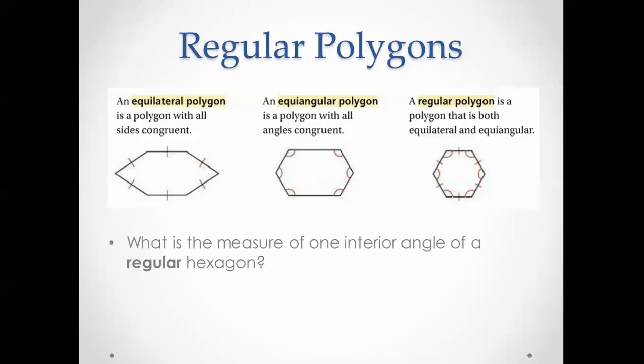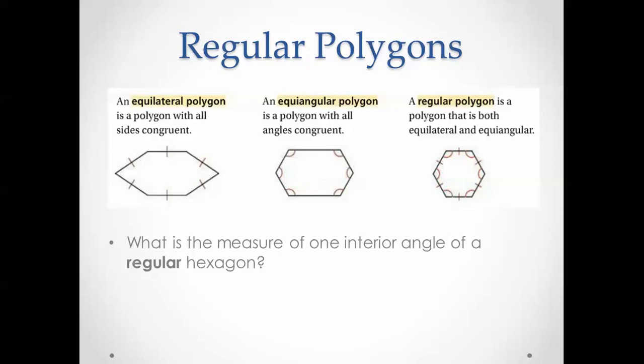So a regular polygon is a polygon that is both equilateral, meaning all the sides are congruent, and equiangular, all the angles are congruent. So the question is, what is the measure of one interior angle of a regular hexagon? Well, we know all 6 angles are going to be the same measure. That's what equiangular means.